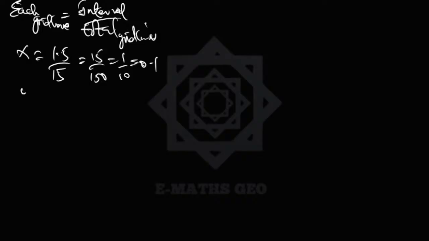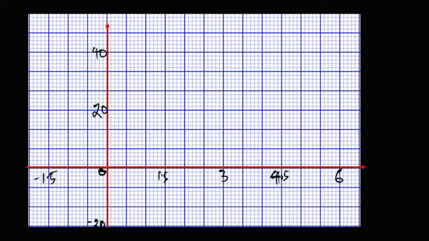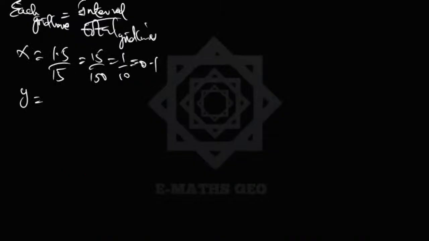For y, you are moving at an interval of 20, and the total grid lines are 5 times 15, so 20 over 15. This is 4 over 3, meaning 1.33. So each grid line for x is 0.1, and for y is 4 over 3, or 1.33.